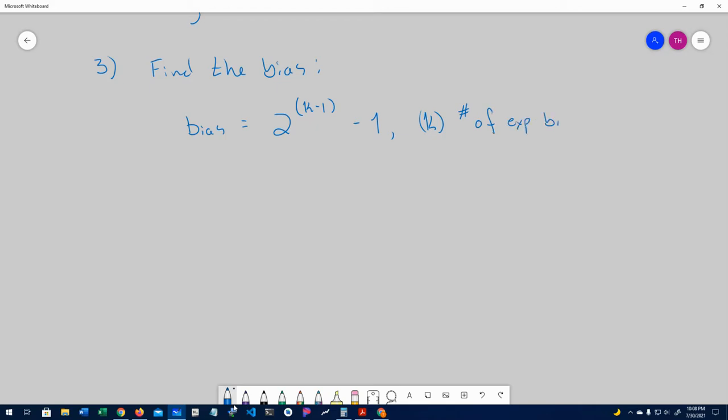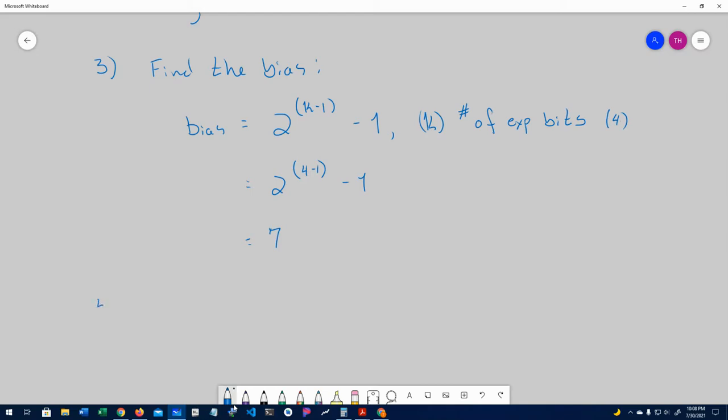We were given 4 exponent bits. So we have 2 raised to the 4 minus 1, all of that less 1. 2 to the 3 is 8, 8 less 1 is 7. So we have the bias.